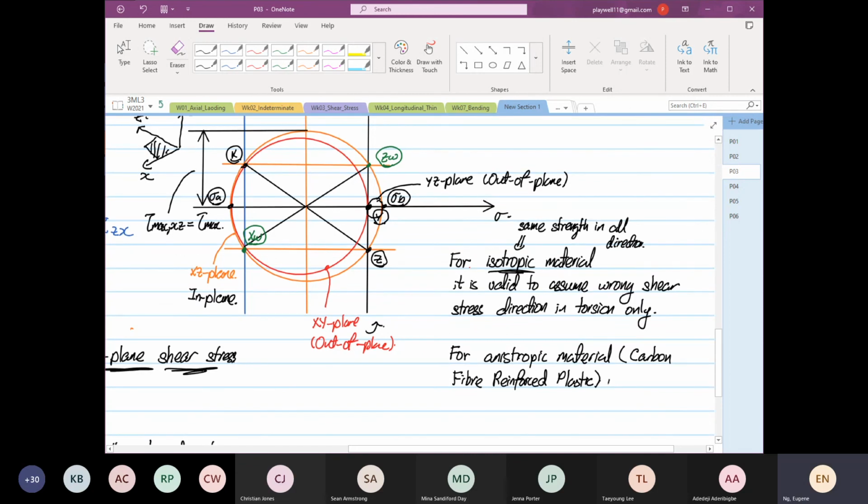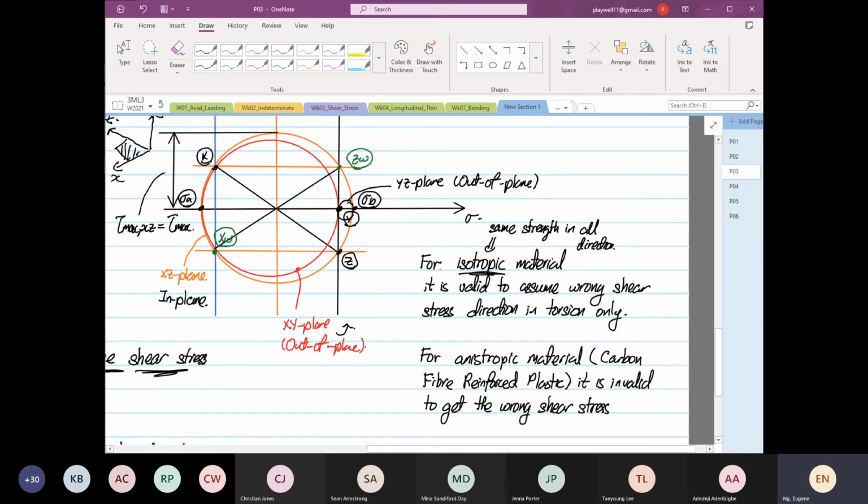It is invalid to get the wrong shear stress orientation. So for isotropic it's okay, but for anisotropic, you can't do that. Just to highlight.